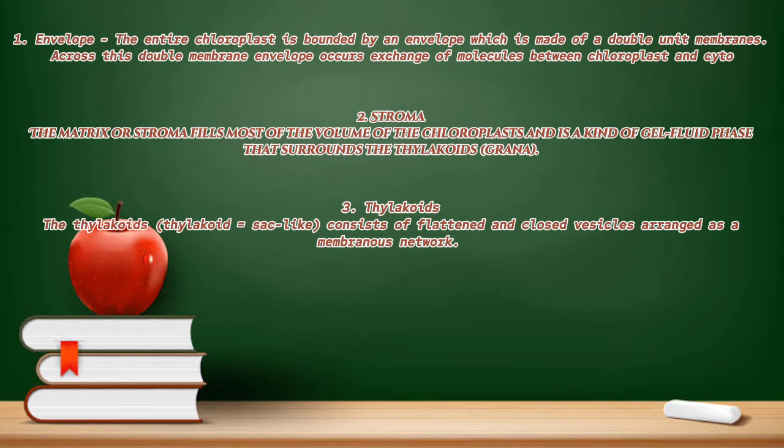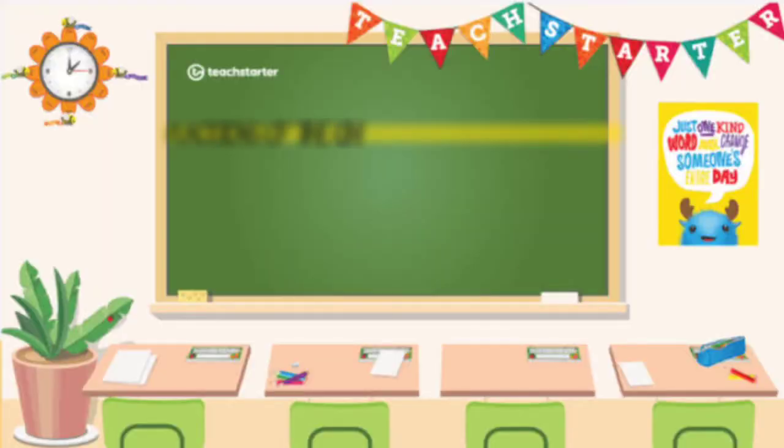The matrix or stroma fills most of the volume of the chloroplast and is a kind of gel-like fluid phase that surrounds the thylakoids or grana. Number 3. Thylakoids. The thylakoids consist of flattened, closed vesicles arranged as a membrane network.